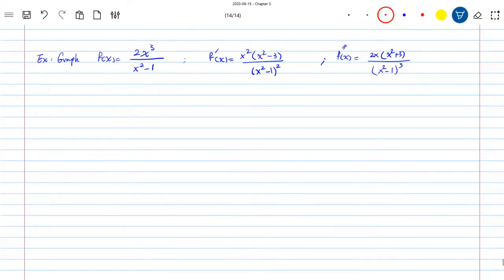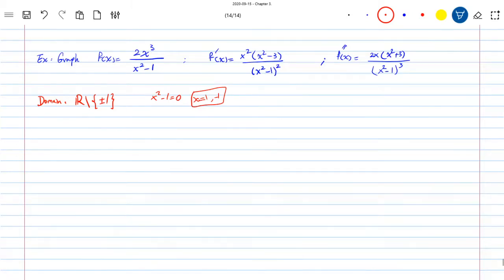The first thing you should notice, always find the domain. The domain of f is all real numbers except the points that make the denominator 0, which in this case are plus or minus 1. x squared minus 1 equal to 0 gives us x equals 1 and negative 1. We exclude these 2 points.